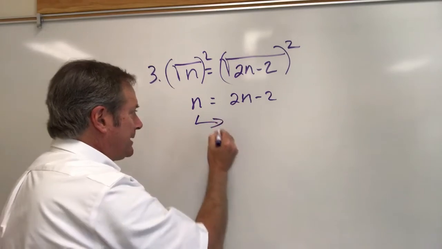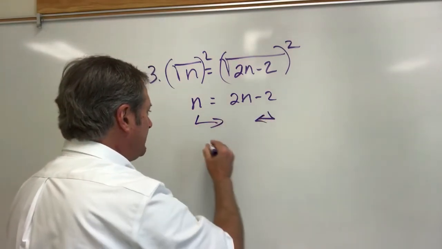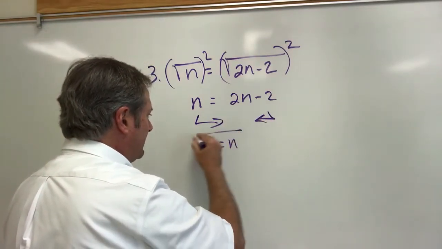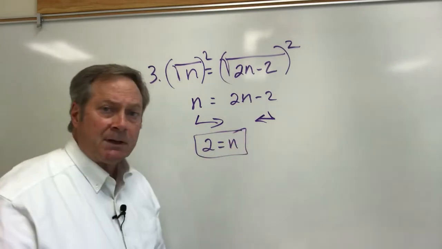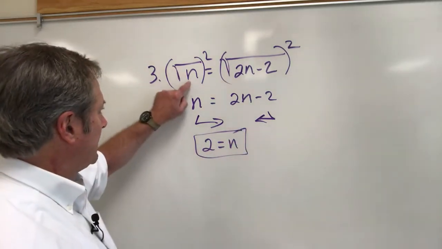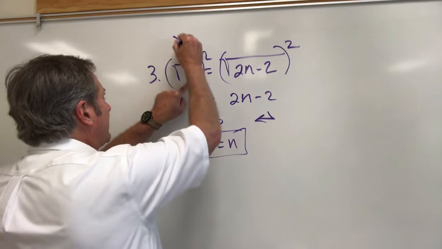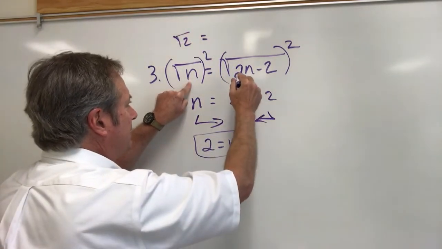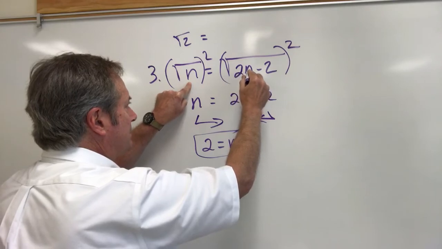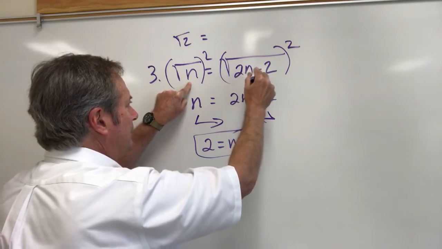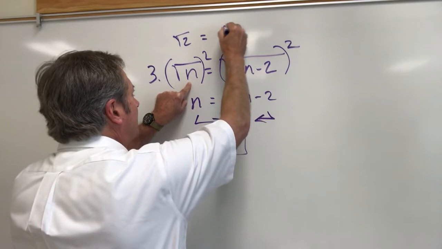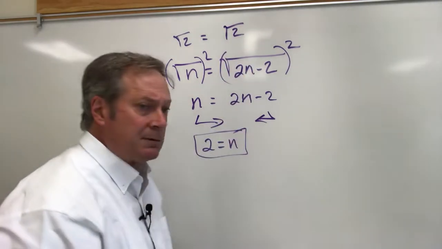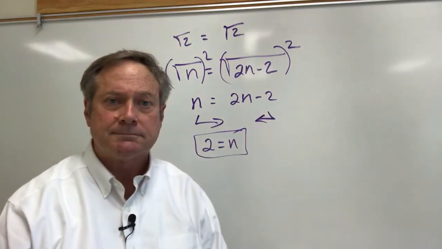I'm going to subtract n from both sides and add 2 to both sides. So I get that n is equal to 2. Now let's quickly check it out. If we put 2 here, we've got the square root of 2 on the left. If we put 2 here, we've got 2 times 2, which is 4, minus 2, which is 2. And so sure enough, you get the square root of 2 is equal to the square root of 2.